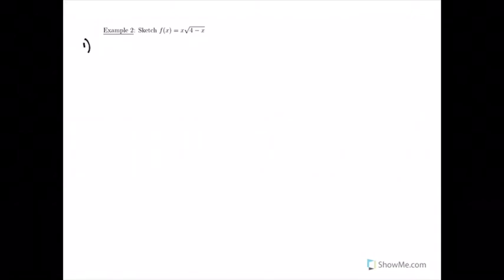Let's start with domain. In this case, there's no denominator, but I do need that the stuff inside the square root has to be greater than or equal to 0. We can't have a negative in the square root.